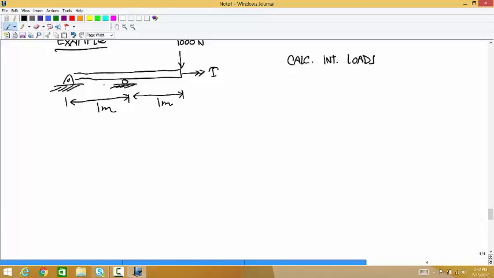Well, first we have to calculate the external loads, so we'll isolate the whole thing. You have a force vector here, I'll call that RA, and that's a force vector because this is a pin joint. And then you have a force with a known direction from the roller that's acting straight up, I'll call that RB.